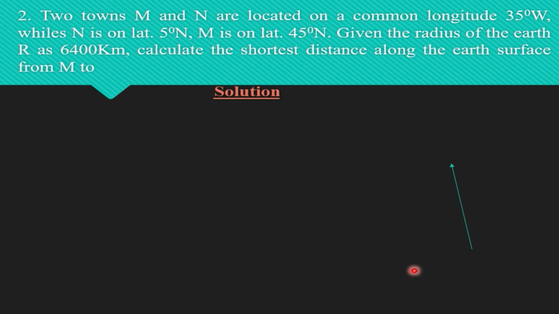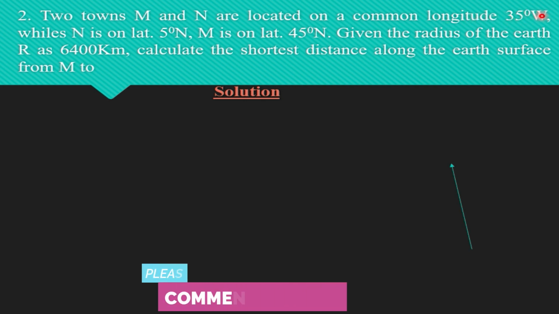Now the next example, example 2. Two towns M and N are located on a common longitude 35 degrees west. So they are on a common longitude. So this one I'm going to draw one longitude.